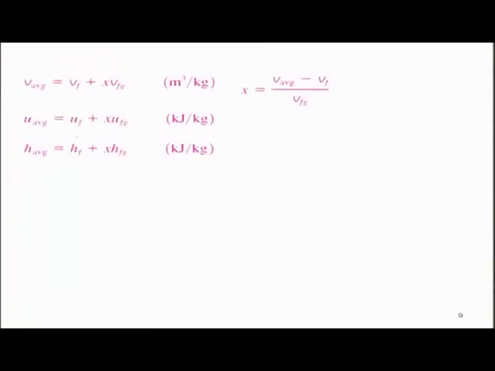One can show clearly that having this definition, where m total is equal to m fluid plus m gas, and x is m gas by m total, the average volume of the system is nothing but Vf plus x multiplied by Vg minus Vf.